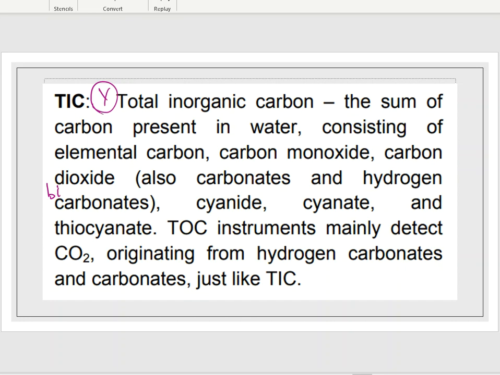And it says TOC instruments mainly detect CO2, and that originates from the hydrogen carbonates and carbonates, just like TIC, total inorganic carbon. So we can measure it, we can report it, and it's just a different type of carbon source, which is why we put it into a different category.